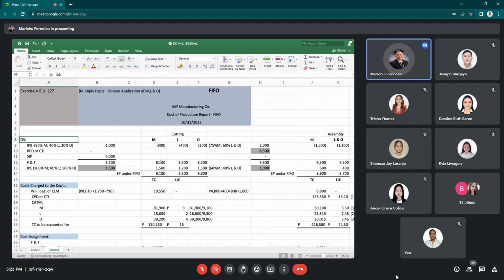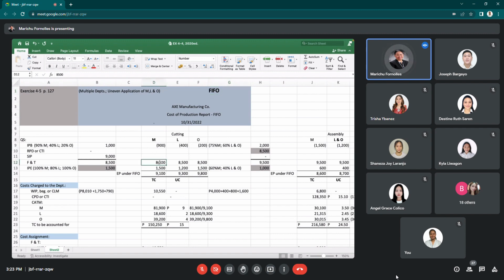The easiest method in computing EP is method 1 because that's the shortcut method. So the shortcut would be like this. Remember, the company is using first in, first out.